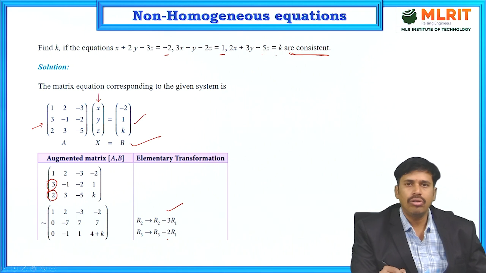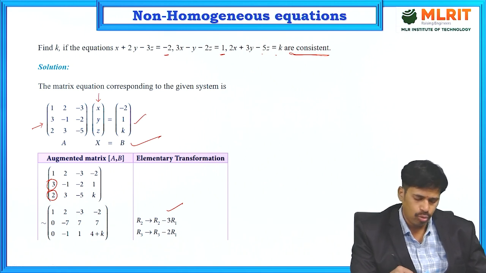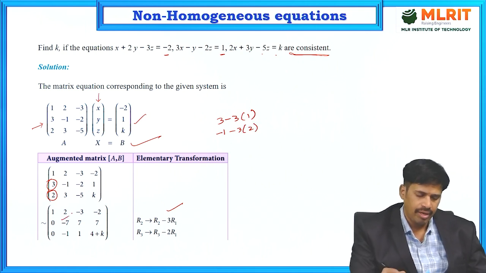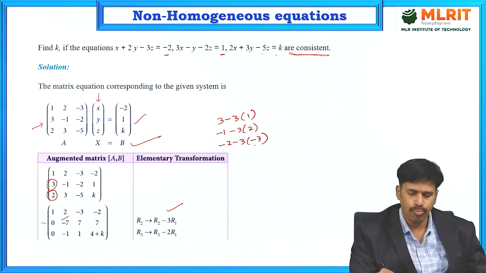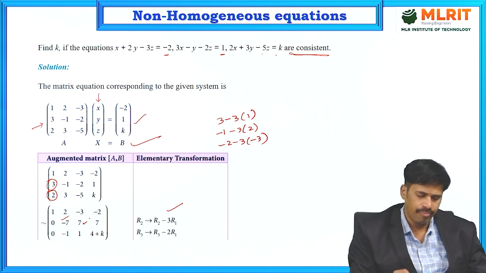So for the calculations, R2 minus 3R1: 3 minus 3 times of R1, 3 minus 3 is 0. Next, minus 1 minus 3 times of 2, so minus 1 minus 6 is minus 7. Next, minus 2 minus 3 times of minus 3, so minus 2 plus 9 is 7.